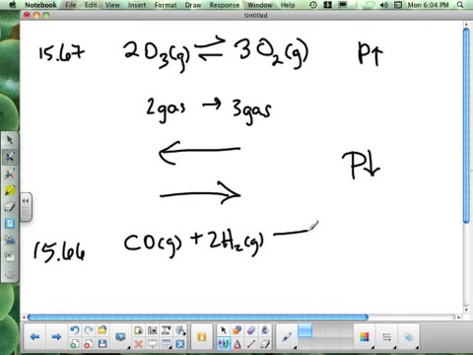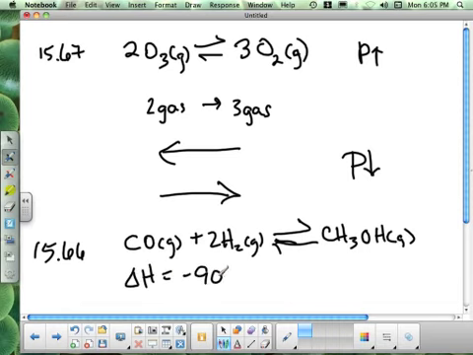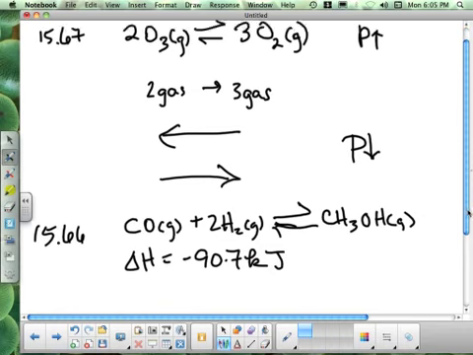All right, so let me look that one up, 66. All right, the delta H is negative. So if you calculated it, the delta H would be negative 90.7 kilojoules. Now, which side are we going to write the heat on? It's exothermic. Exiting the reaction means I am going to put that heat, or that 90.7, right here.